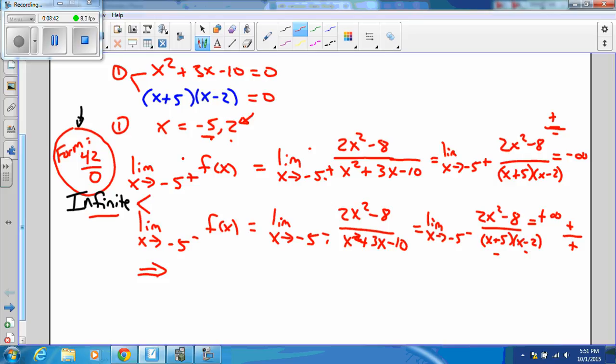So how do I conclude all of this? Well, my analysis gives me an infinite limit, and an infinite limit indicates a vertical asymptote. I want to emphasize again that a vertical asymptote is a line, and therefore it has an equation x equals something, a vertical line. In this case, x equals -5.